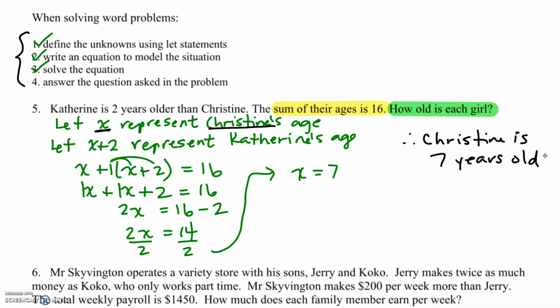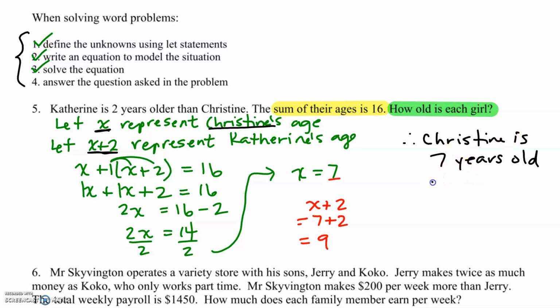Now, if I want to get Catherine's age, I have to sub it into this expression here. So I'm going to go ahead and do that calculation here. So I'm going to take the x, which is 7, and sub it in. And I get 9. So now I can write a sentence for Catherine.